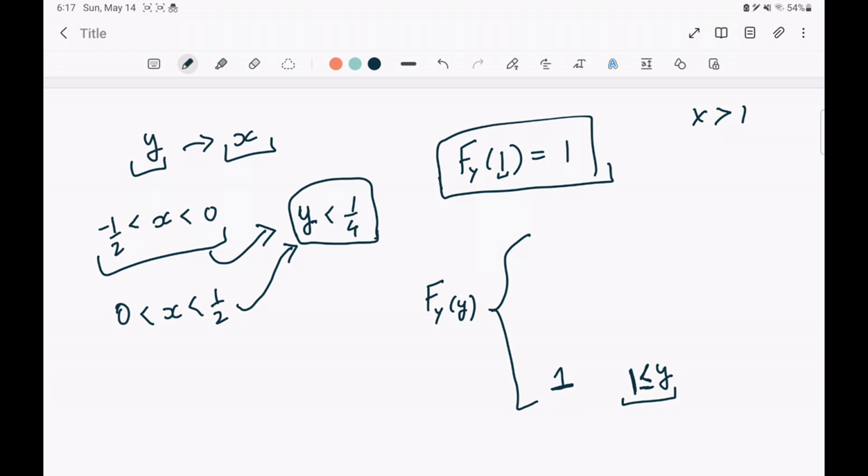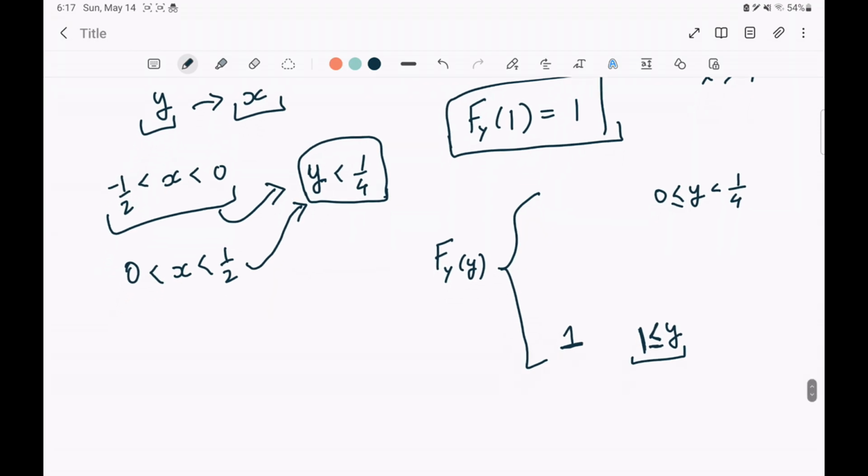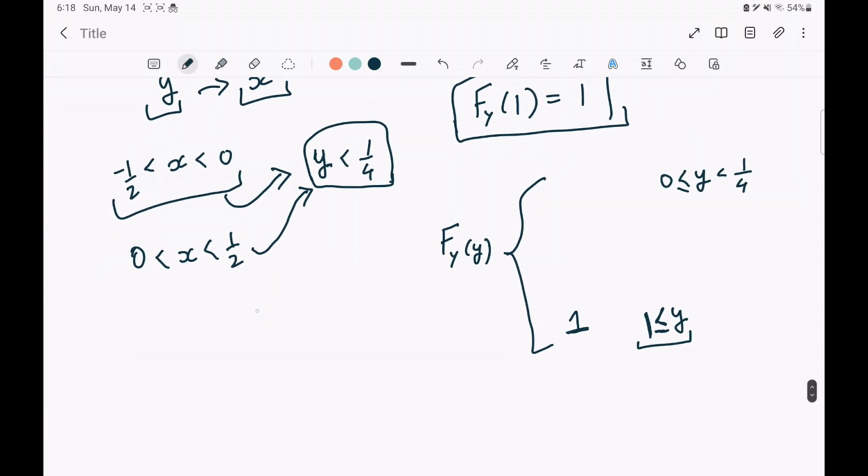Okay, now that we have sorted this out, let's find its value where y lies between 0 and 1 by 4. We know one thing for sure: since x doesn't take any imaginary values, y cannot be less than 0, because x can only take real values.